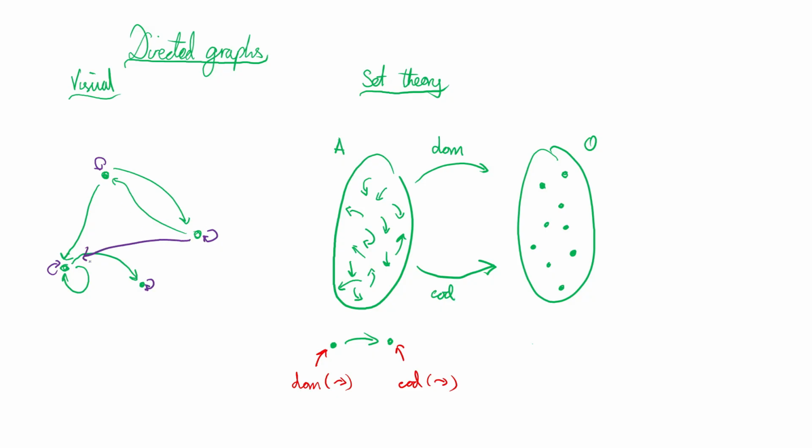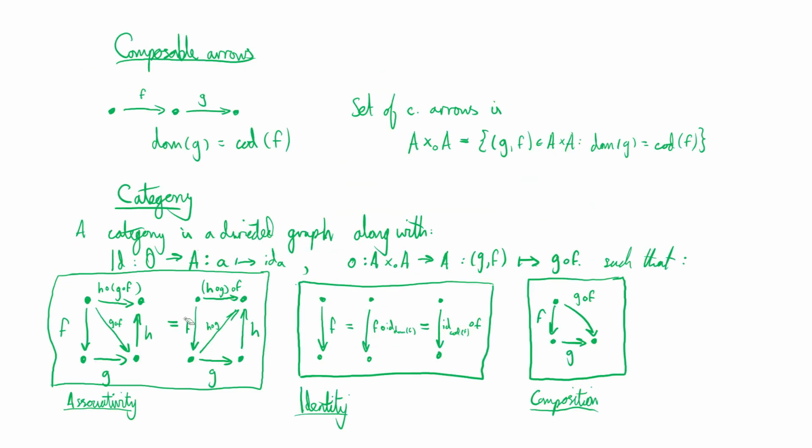So this, and then this, and then there's another one for this and then this, etc., etc. So for any directed graph, you can construct a category from it by just considering all the paths and adding all the do-nothing elements.